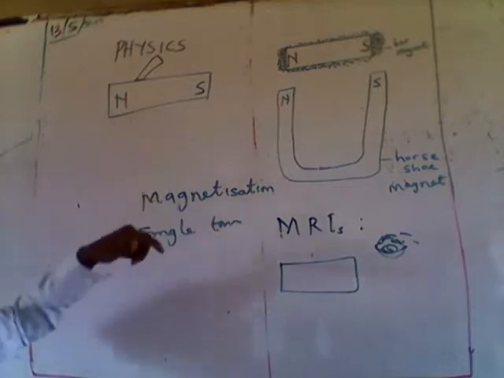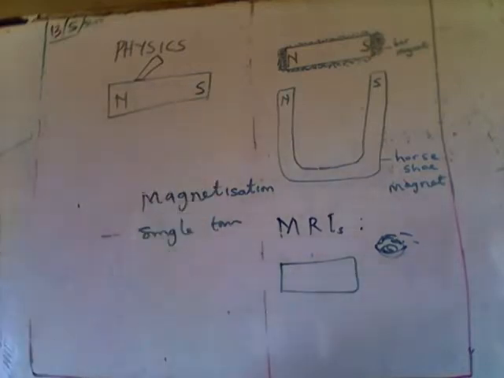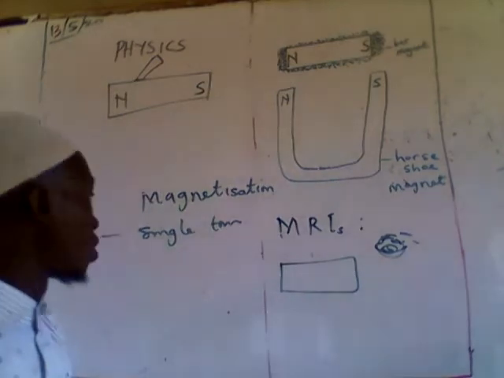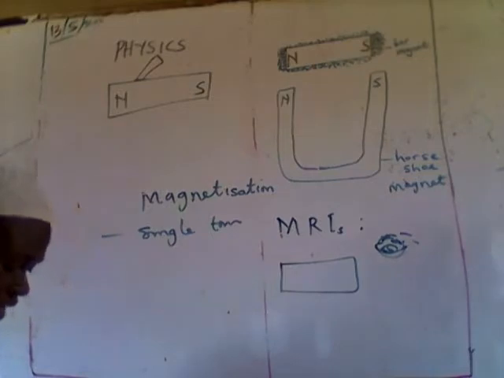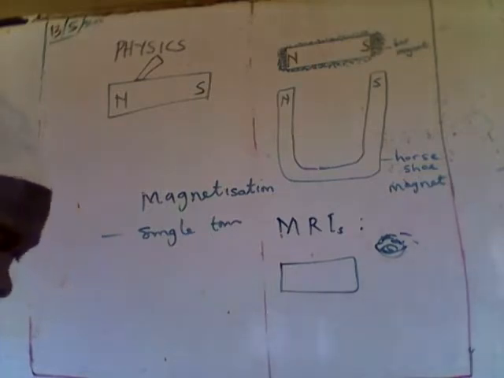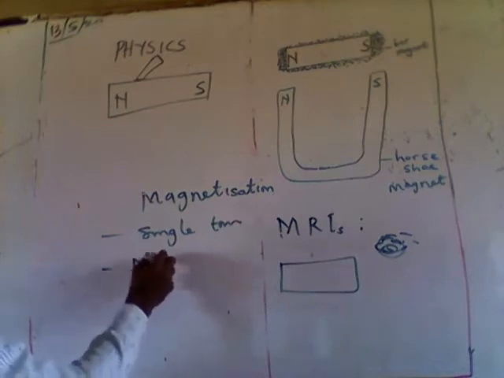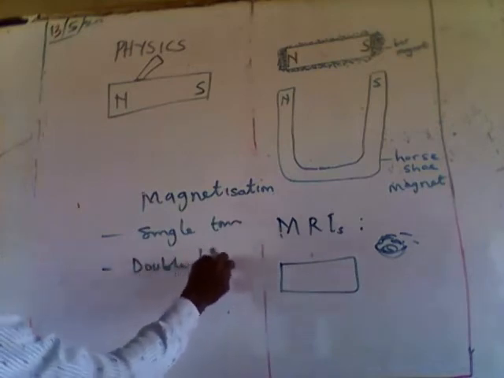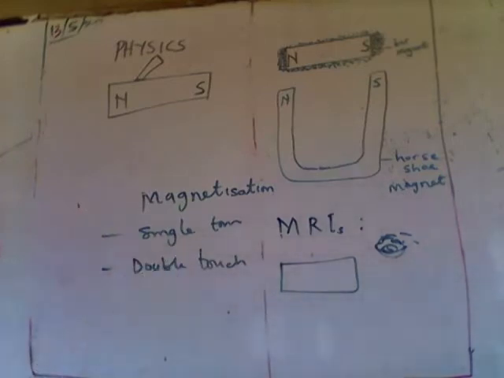While with multiple touches, we call that one the double touch method. So we have the single touch method, then the double touch method.